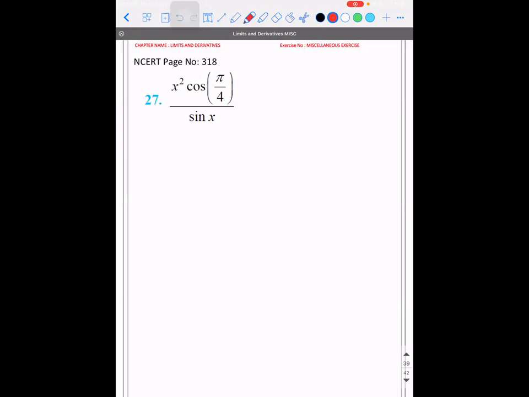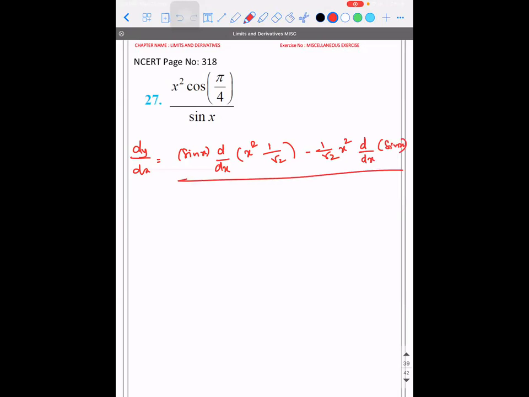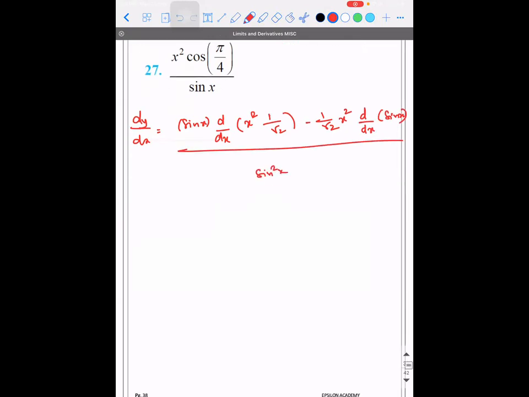So listen. So what is dy by dx here? Sin x into d by dx of x square cos pi by 4 minus x square cos pi by 4 into d by dx of sin x. We can directly write cos pi by 4 is 1 by root 2. The whole divided by sin square x.